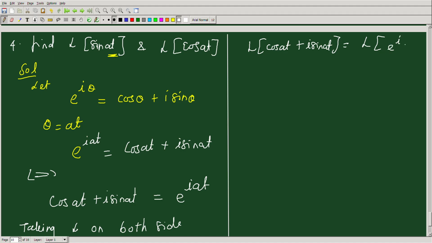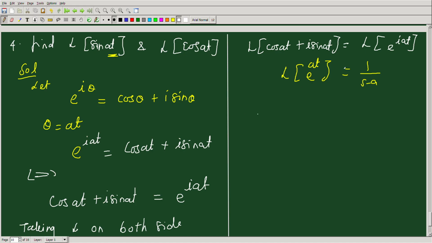You know the Laplace transform of e power at formula is 1 by s minus a, correct? The same thing we are going to apply.